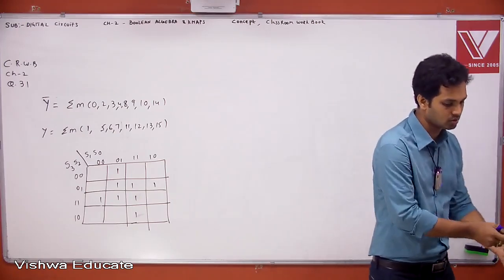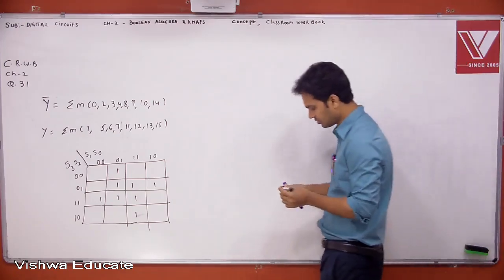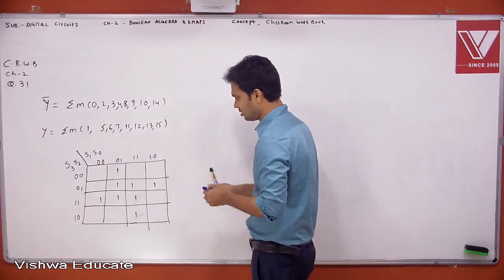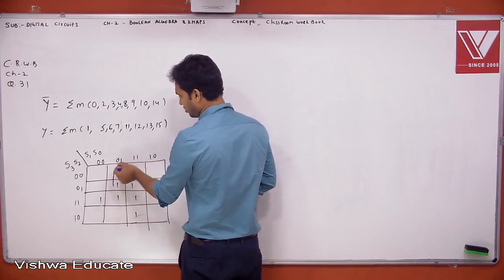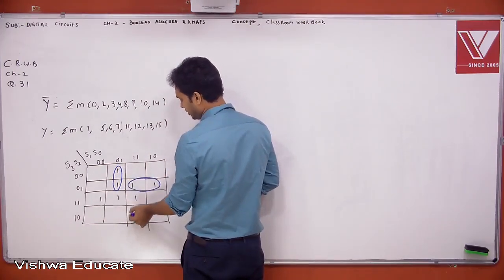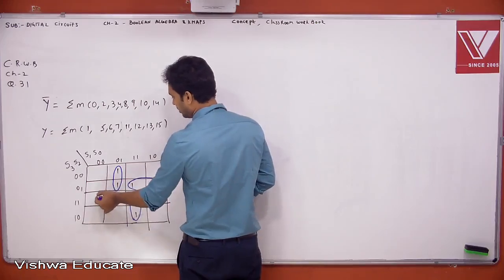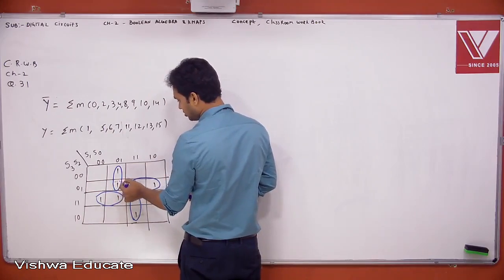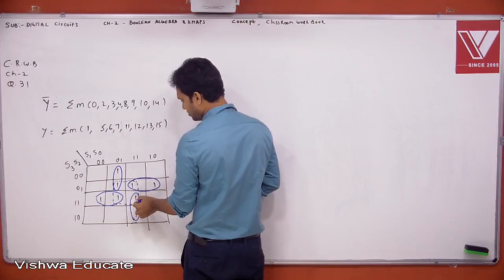Let us do this. First, determine the number of PI and EPI. You can form one pair, and pair. And there is a quad possibility also. This is one quad which is possible.